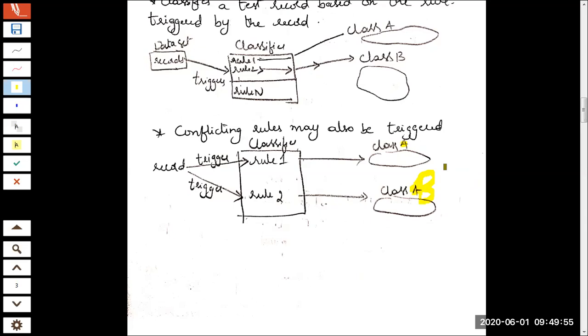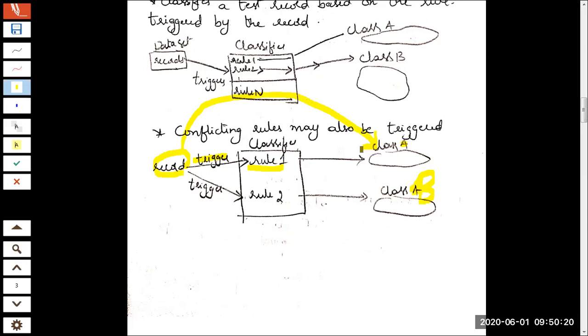Now, what is your observation here? The observation is that there is an ambiguity. What is that ambiguity? A record is triggering rule 1, meaning it is satisfying rule 1, so this record should go and sit in class A. But that was not the final point.